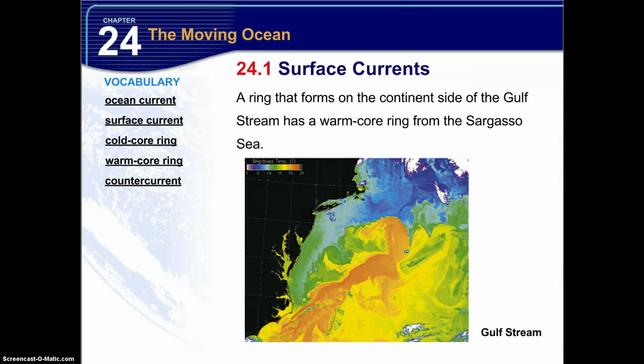So locate the cold core ring in the image. Look within the yellow area for a circle of blue or green. Now where are warm core rings formed? So you see a cold core ring here, there could possibly be one developing here, and then you have a warm core ring near the center of the image.